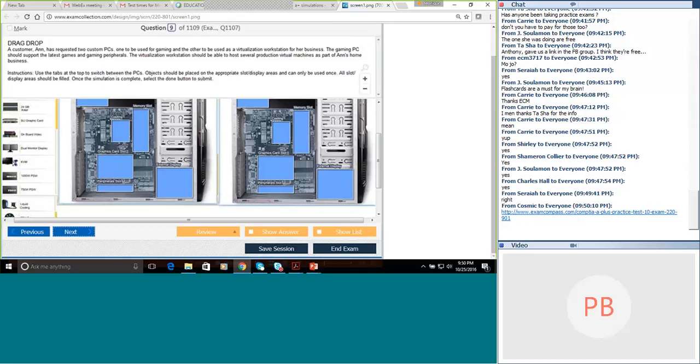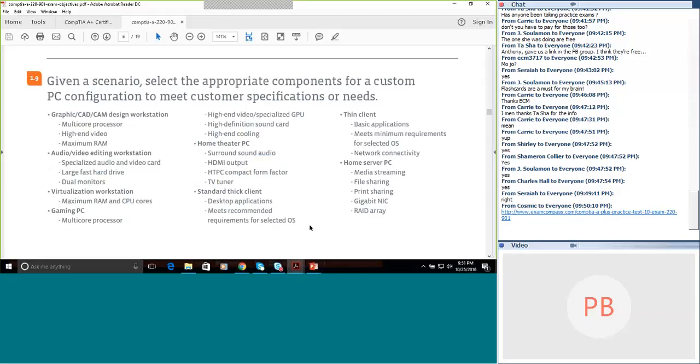Whereas dual monitor display, depending, you might need a graphic card. You definitely know you're gonna need it for the gaming PC versus the virtualization. Why? Because your objectives tell you for this type of PC, these are the important aspects. For this type of custom system, these are the important aspects. Y'all understand what I'm saying?